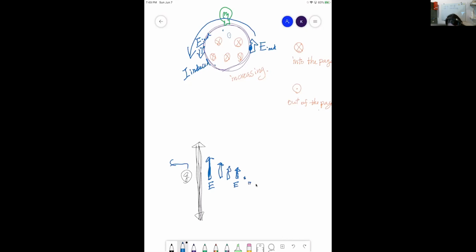And then it's also going to move downward and come back up, because you move it up and down, up and down.